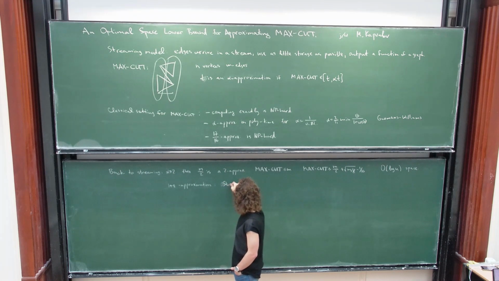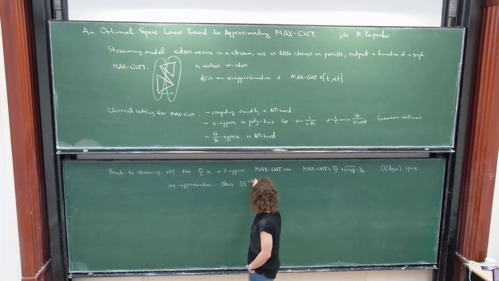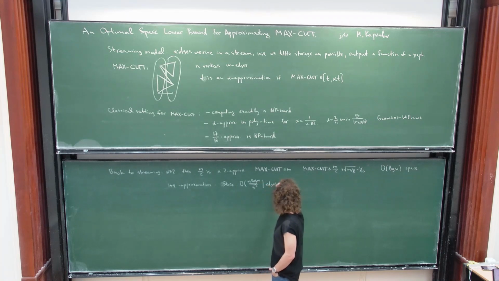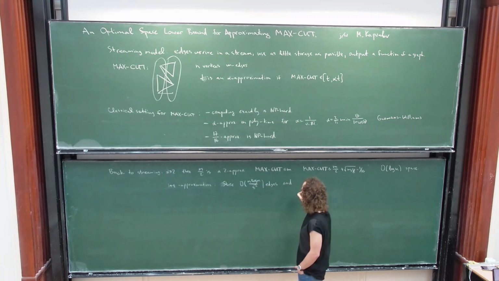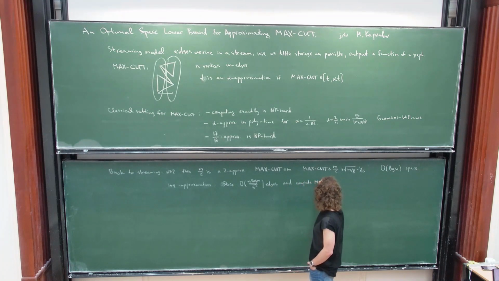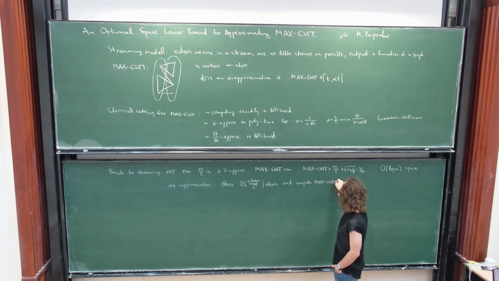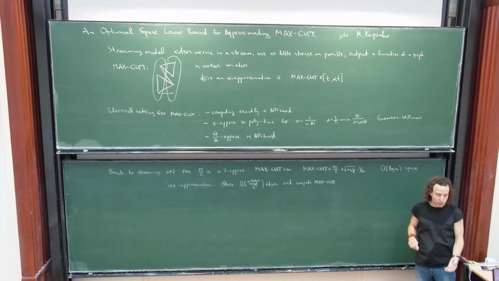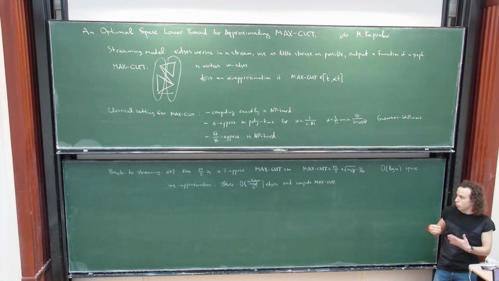Store roughly n log n edges and compute max cut. So you subsample the graph, compute max cut, and then divide the max cut by the density of edges you retain. And it turns out that this is going to be a 1 plus epsilon approximation to max cut.